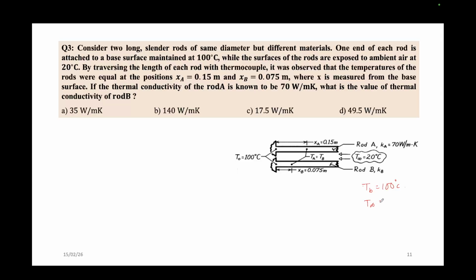T infinity is 20 degrees. So if I say theta is T minus T infinity, whatever I know, I'll write down. This will be your 80, right?